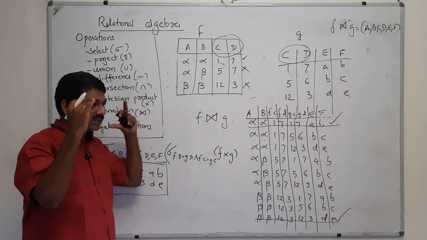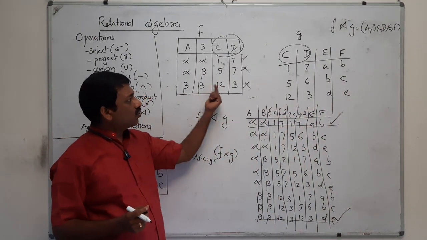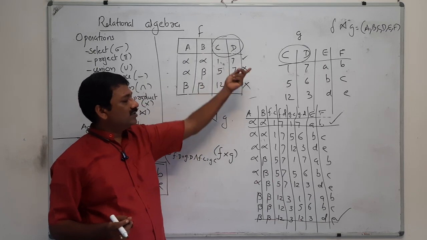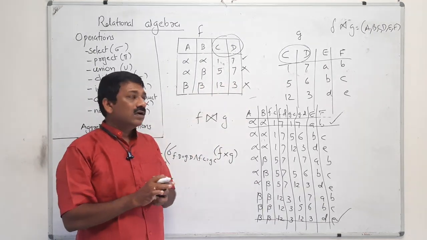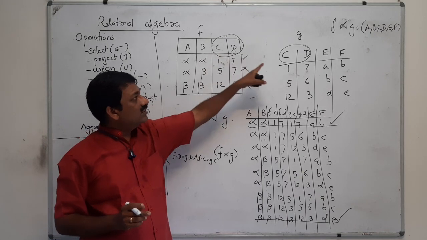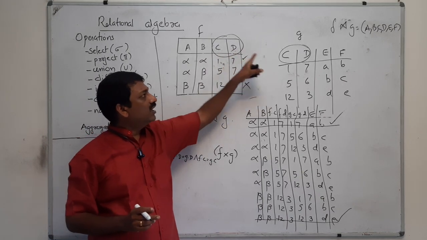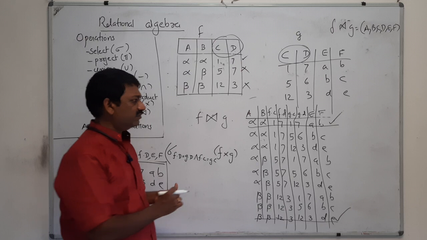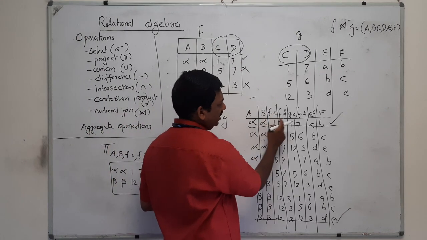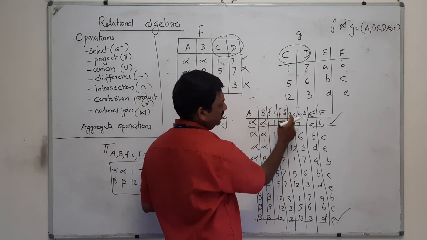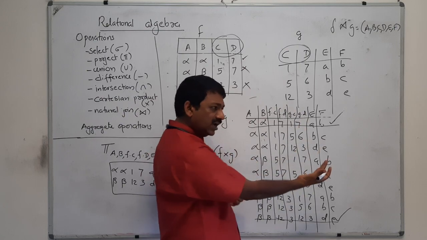If you have some attributes which are common to both F and G, then F.C and G.C should be the same, F.D and G.D should be the same.